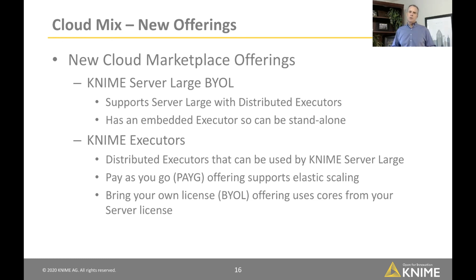By pay-as-you-go, what we mean is you pay an hourly charge for each instance or worker that you have running. That's paid through your cloud account, whether that be Amazon or Azure. The second type is called BYOL, or bring your own license. This offering uses cores from your server license, as we discussed earlier.